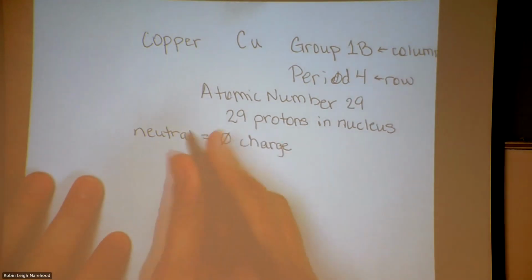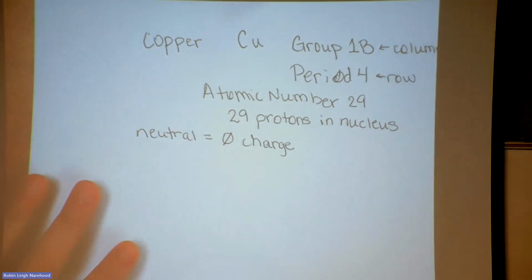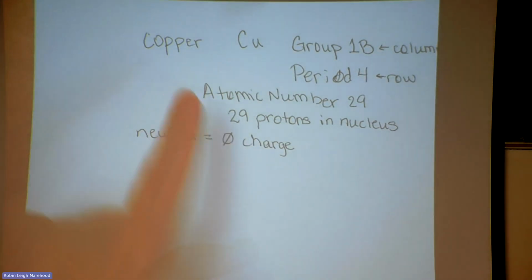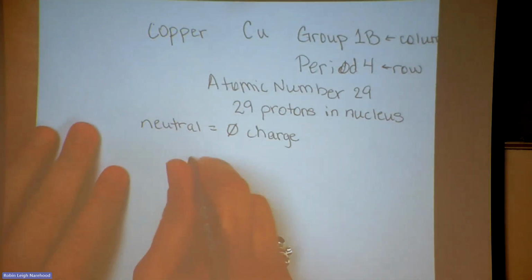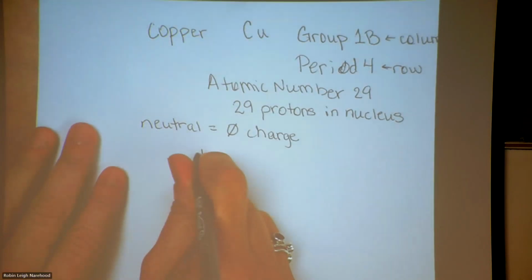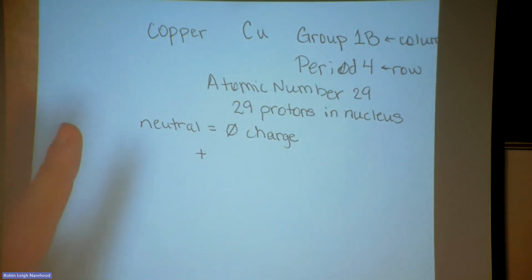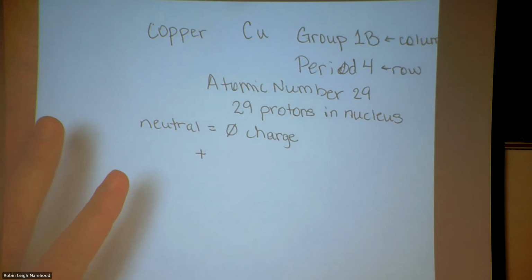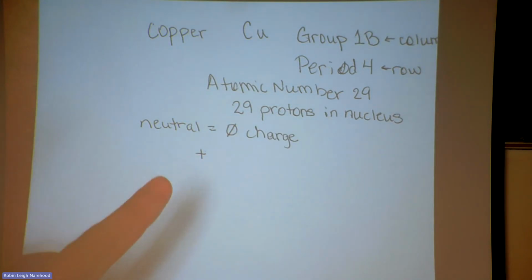So how many protons does copper have? 29. And so we're going to put a positive in front of that. This is not a plus, it's a positive. And every single one of those protons we're going to say is positive.